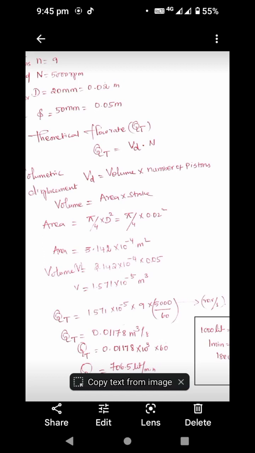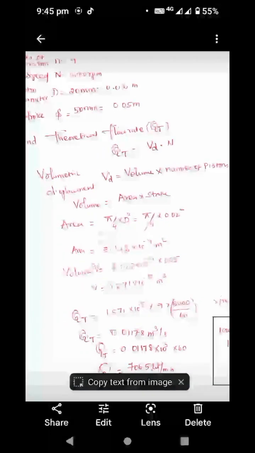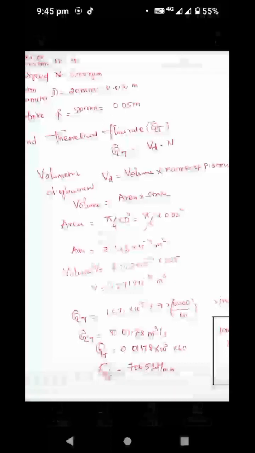So actual volume is equal to area into stroke. The volume unit we already know, it is in terms of meter cube. So area unit is meter square into stroke, stroke unit is meter, so meter square into meter, meter cube.